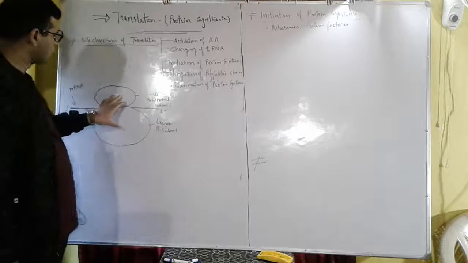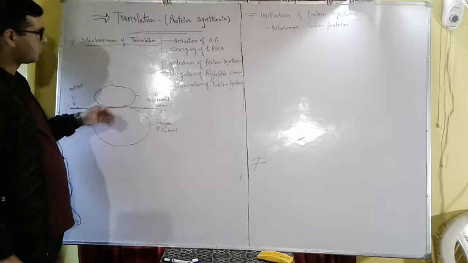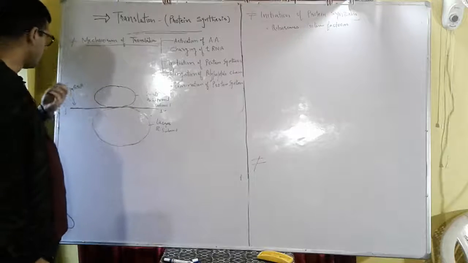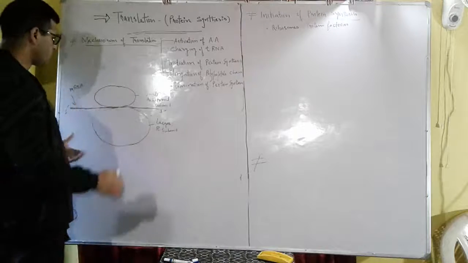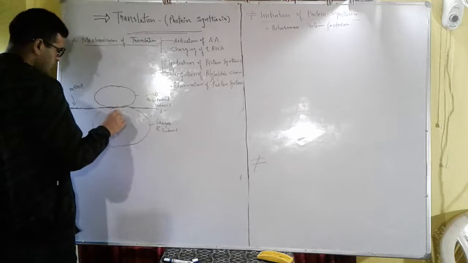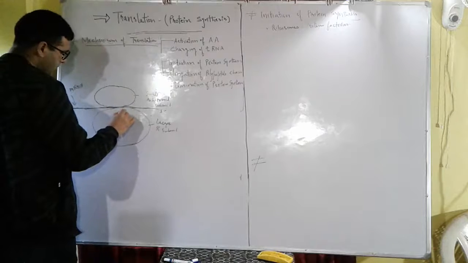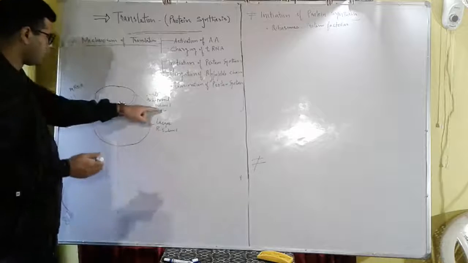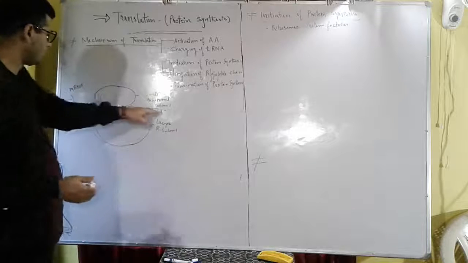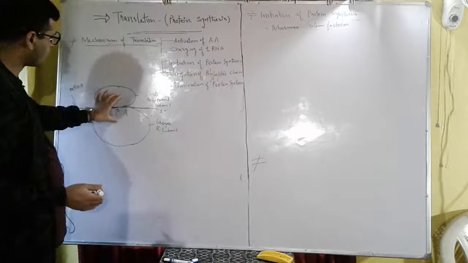In the ribosome, I told you that these are the protein synthesizing machines, and there are 3 sites in this ribosome: A site, P site, and E site. These are the 2 subunits of the ribosome.